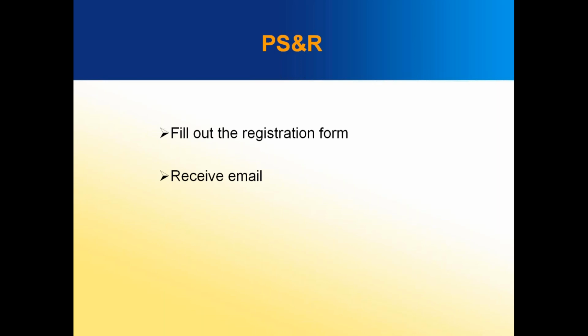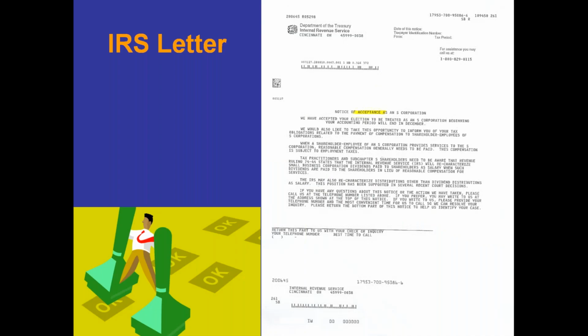And in that email, they will ask that they need a form CP-575 or an official IRS letter, which is an acceptance of an S corporation, for example. You have to make a copy and send this to them.